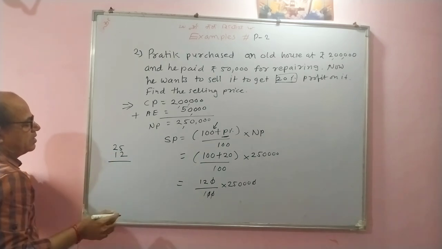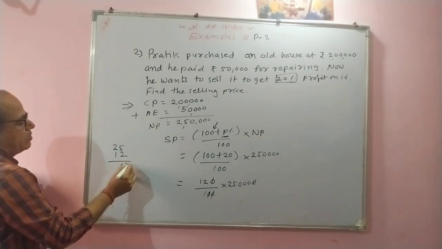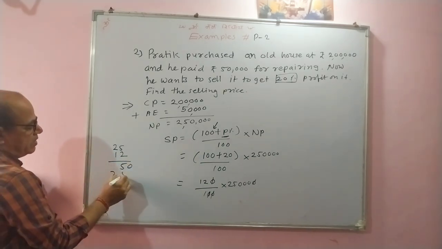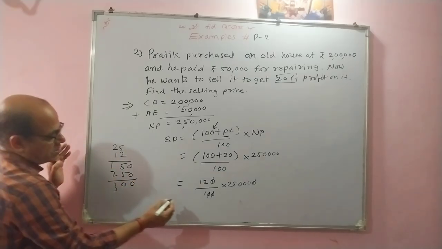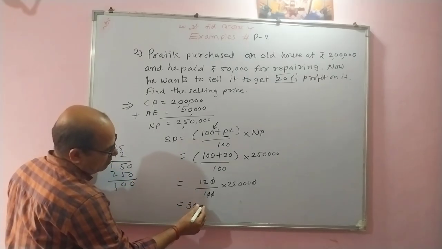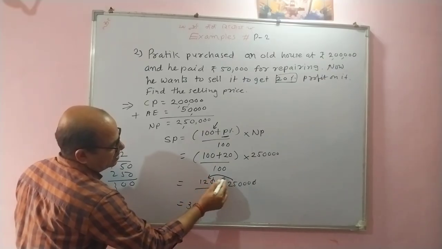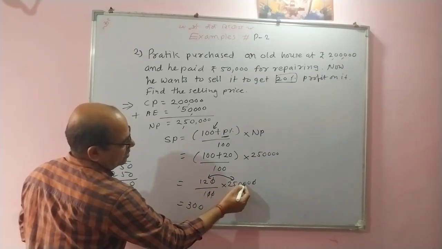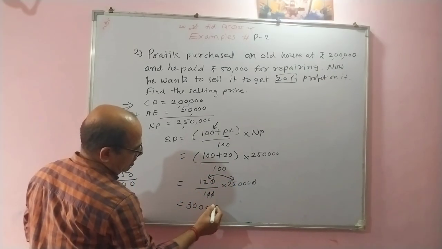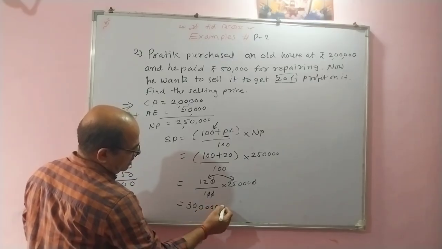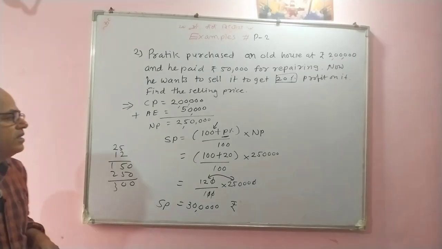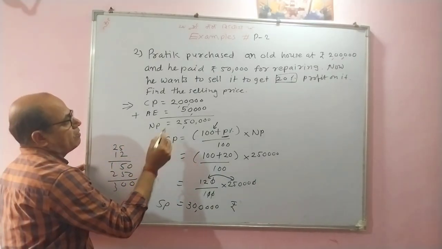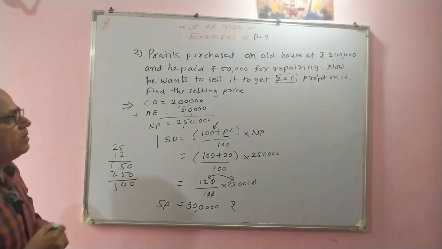What is 300? 25 2s are 50 and 25 1s are 250, so 300 is the product of 25 and 12. How many zeros are left? 1, 2, 3. So what is the SP? SP is rupees 3 lakh. This formula you have to remember properly.